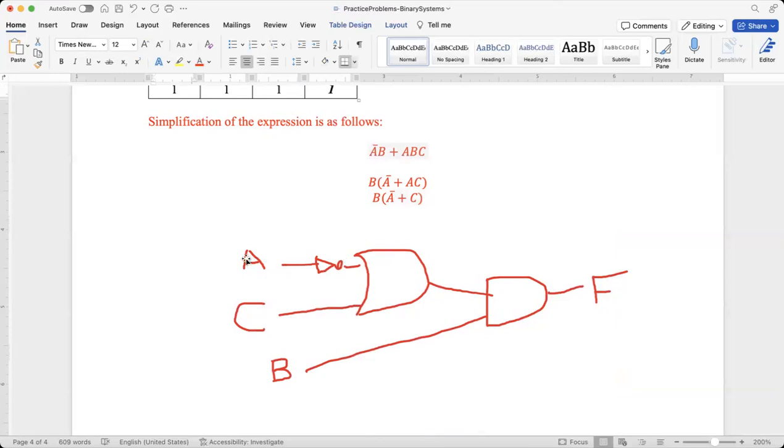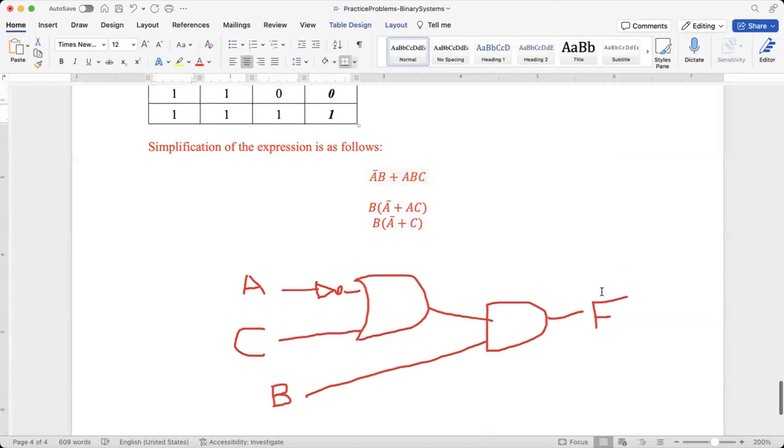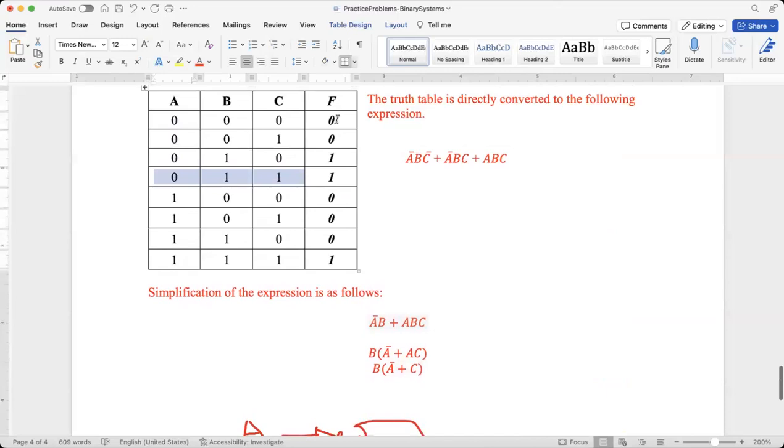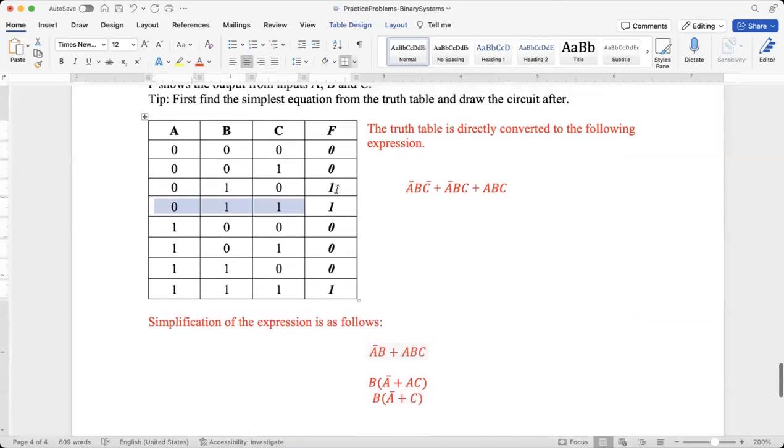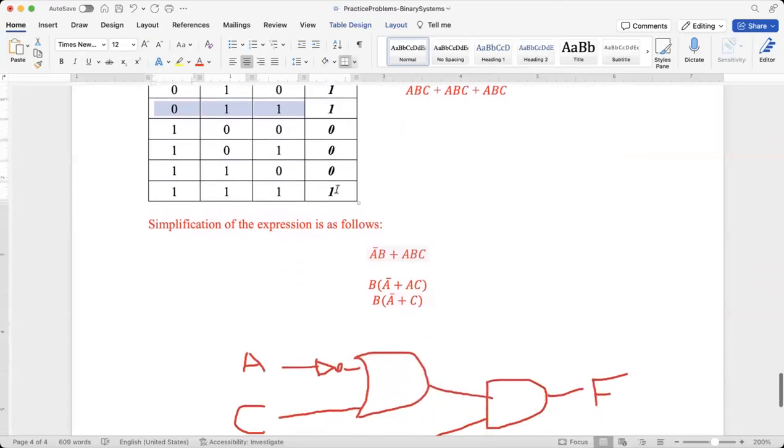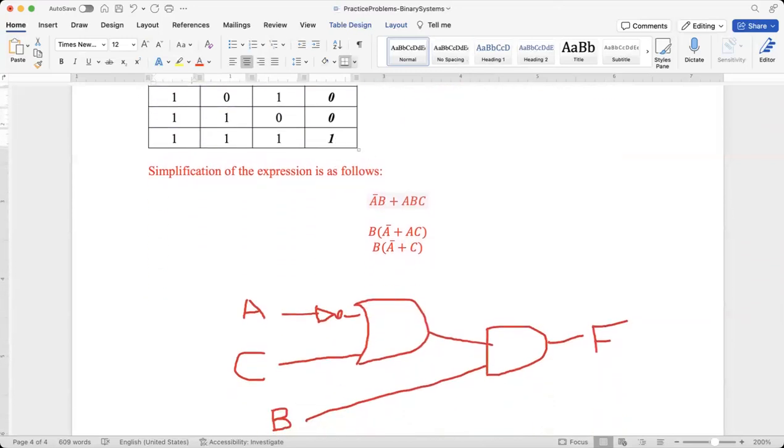Then this not A is going to be fed into an OR gate with C, and their output needs to go into an AND gate with B. And therefore, I have my output F here. And this F corresponds directly to this truth table. Okay. Thank you very much.